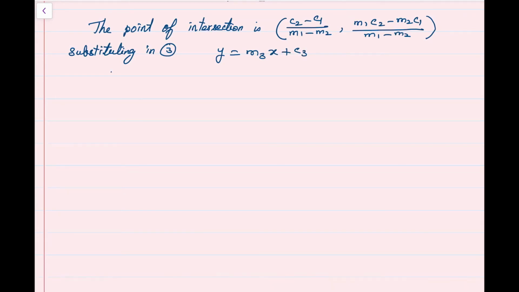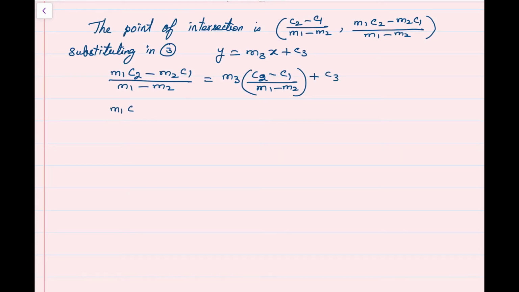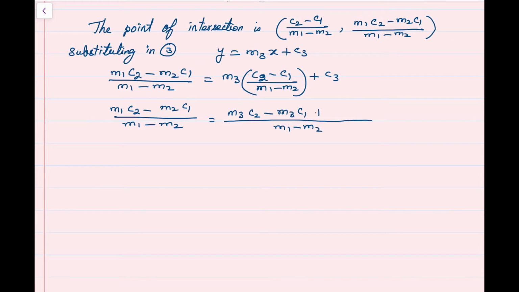Y coordinate is m1 c2 minus m2 c1 divided by m1 minus m2, equal to m3 times the x coordinate c2 minus c1 divided by m1 minus m2 plus c3. On the right hand side, we will take LCM m1 minus m2. The numerator is m3c2 minus m3c1 plus m1c3 minus m2c3.